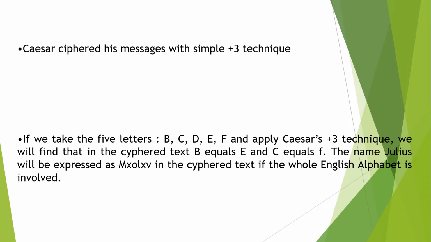B, C, D, E, F. If we use Caesar's +3 technique, we will find that in the cipher text B equals E and C equals F. If we apply this technique to the whole English alphabet, the name Julius will be expressed as MXOLXV in the cipher text.